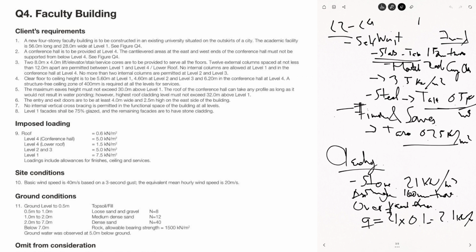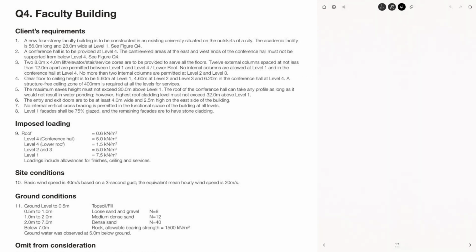Okay, now we got the roof. This is dead load so far. Okay, so roof, we go lightweight roof and purlins. I'm going to get a better pen because I have to write so big.